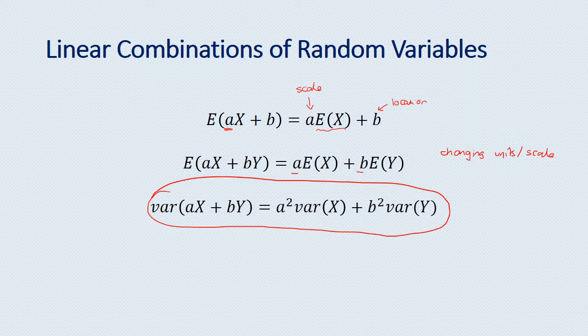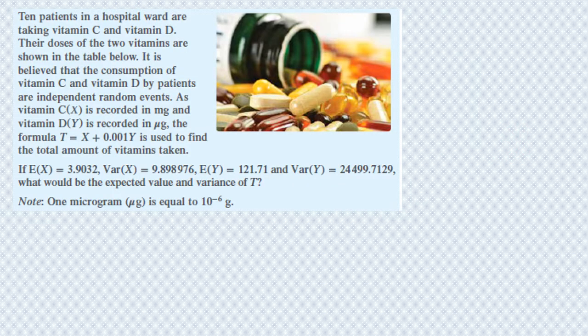So let's look at a few examples, because there are questions that are very similar to this in the exams, and there are also questions that appear similar but are actually quite different. So this first one here, we've got patients in a hospital ward taking vitamin C and D. Their doses of the two vitamins are shown in the table below.